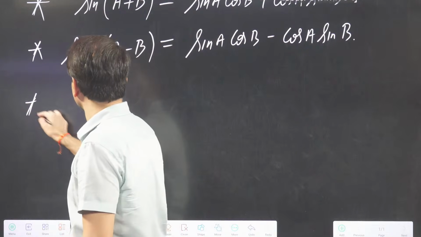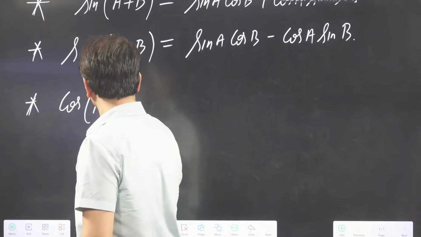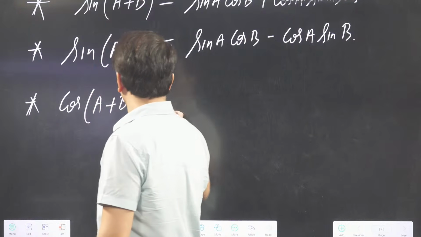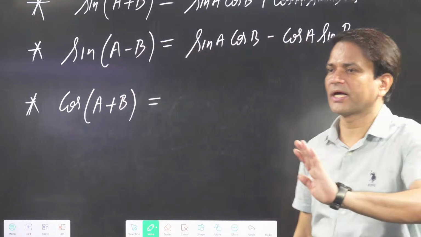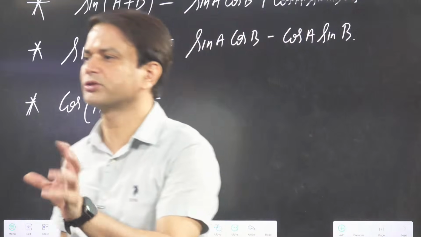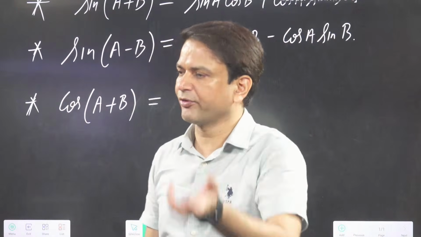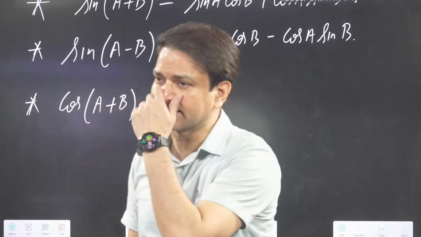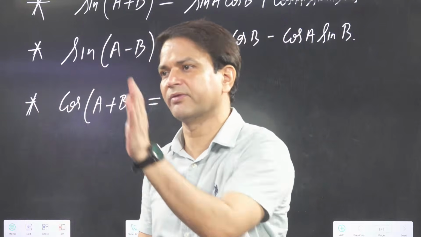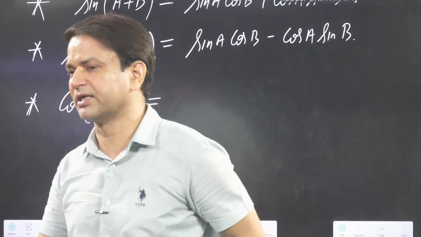Next, cos a plus b. In cos, like sine, each term will contain both sine and cos. If plus is in between, then plus will be there on the right hand side. If the angle has minus in between, then we get minus on the other side also.